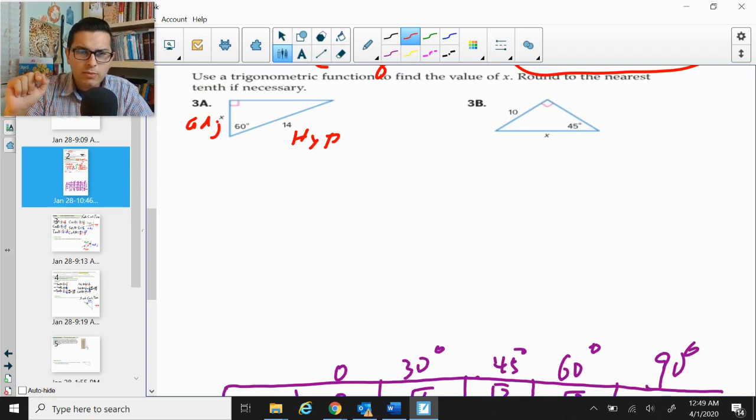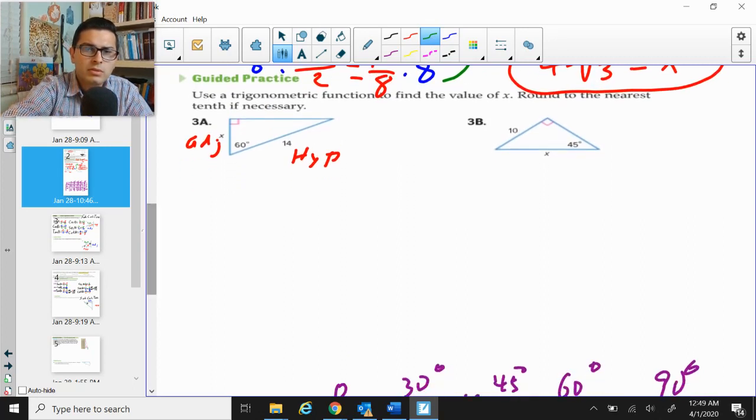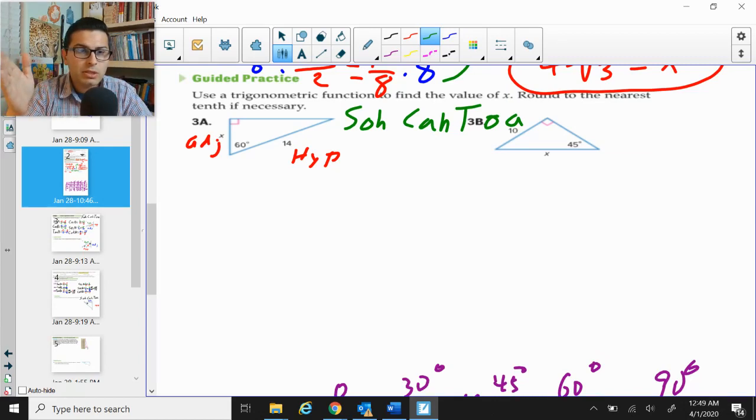Now, if we're trying to use our hypotenuse and our adjacent side, what do we use? Well, again, let's write out our SOHCAHTOA. It's going to be cosine again, because again, we're using our adjacent and our hypotenuse. So let's use cosine.